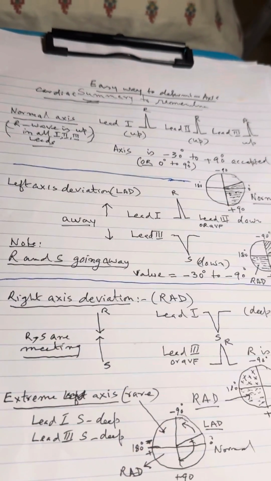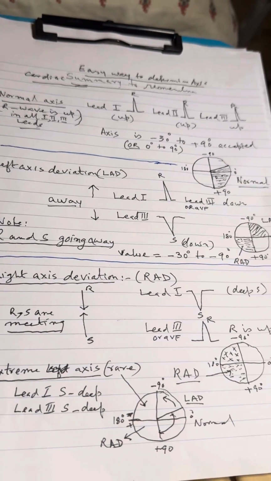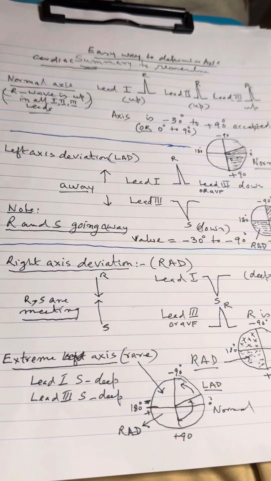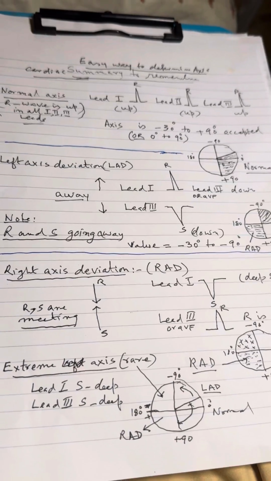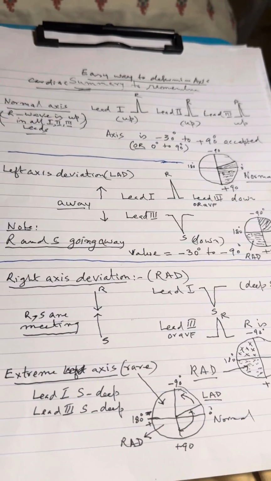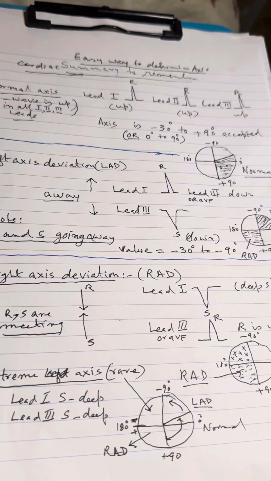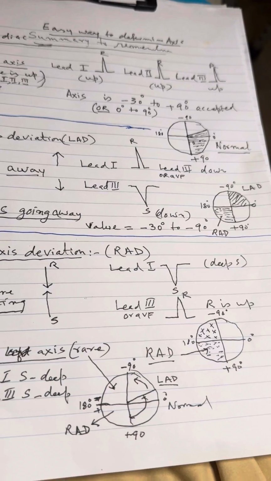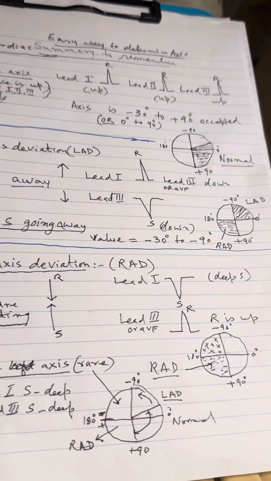Then we go to determine the left axis. What do we mean by left axis? Left axis means the average force is towards the apex on the left side. So now this is calculated again. Look at lead 1 and lead 3.